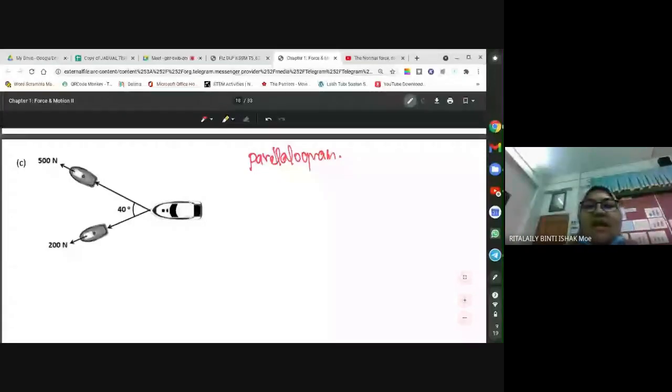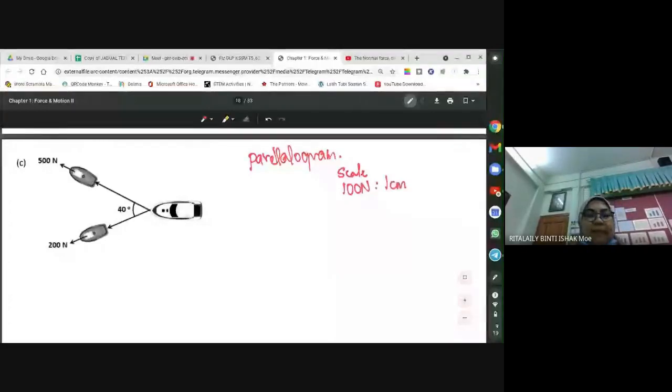So this method is we draw a diagram. First, we must use a suitable scale for the force, because we want to get the length of the resultant force. So let's say we take 100 Newton is to 1 cm as our scale.